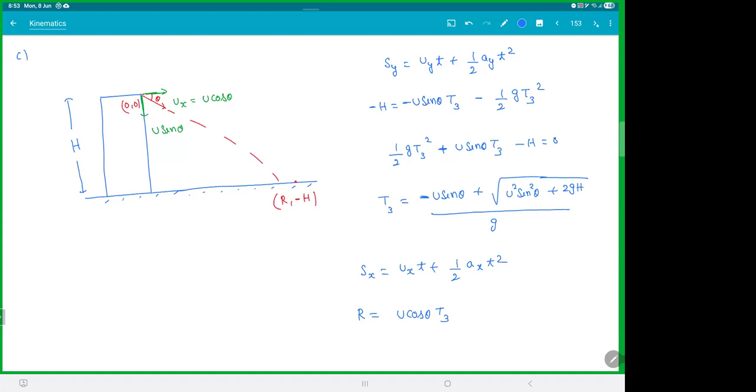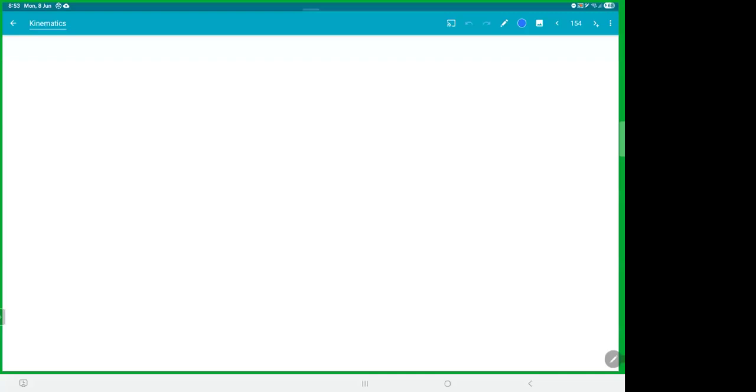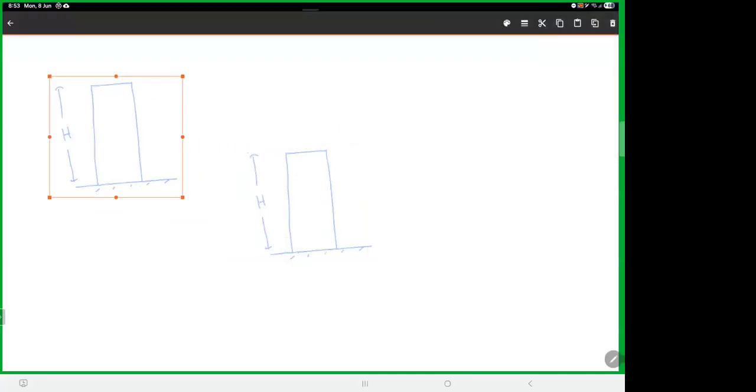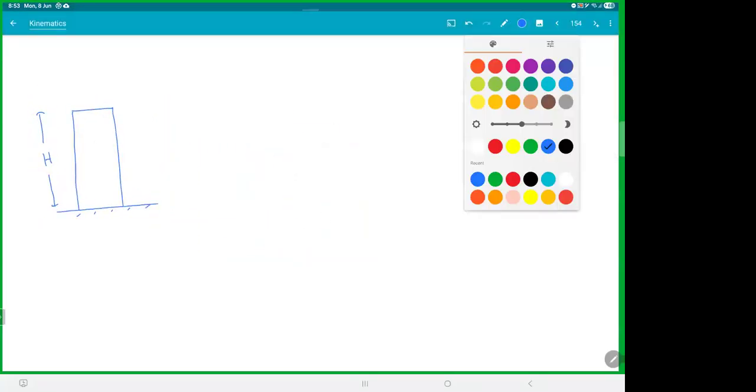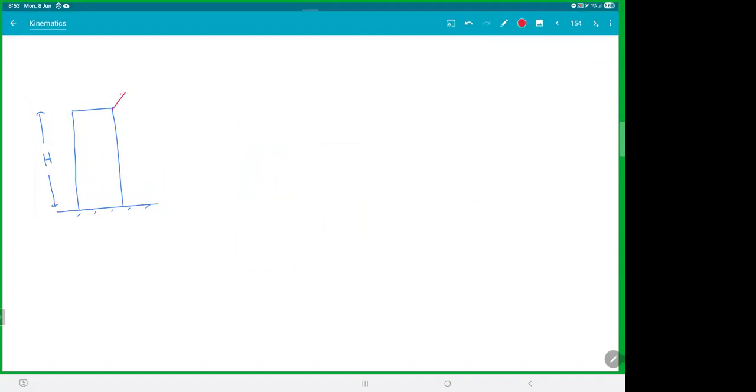Great. Next thing. Now, for the speed, what will I do? We'll just do the B part and you will see something interesting there. So when you project it with u and theta, this is your u cos theta and this is your u sine theta.